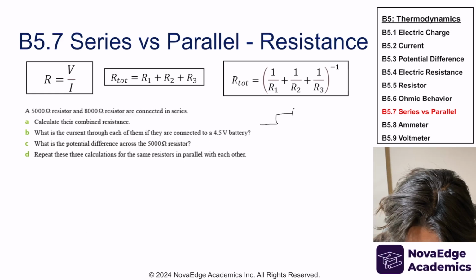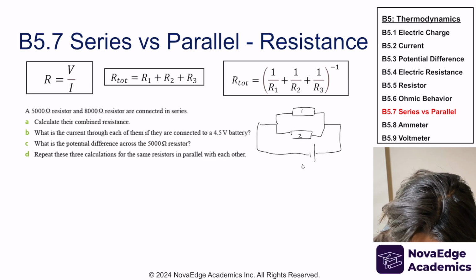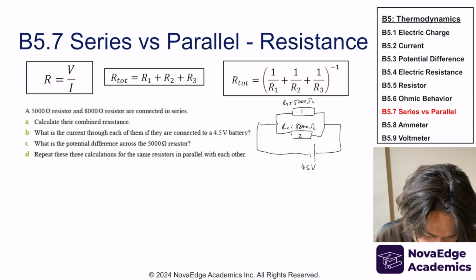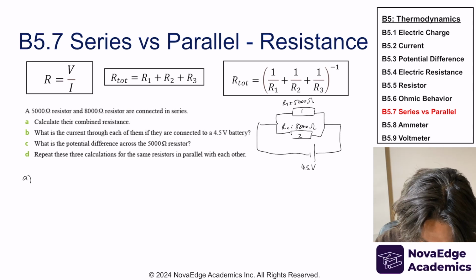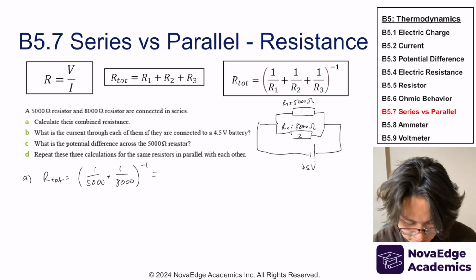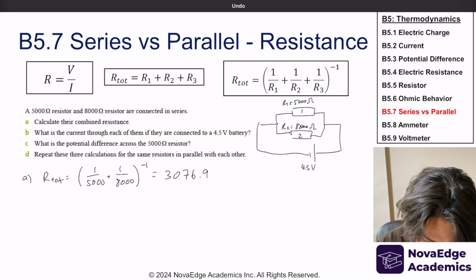Okay, this is 5,000 ohms, 8,000 ohms. Okay, so let's do the same thing. Calculate their combined resistance. That's just this, right? So let's put that in the calculator. 3,076.9 ohms.